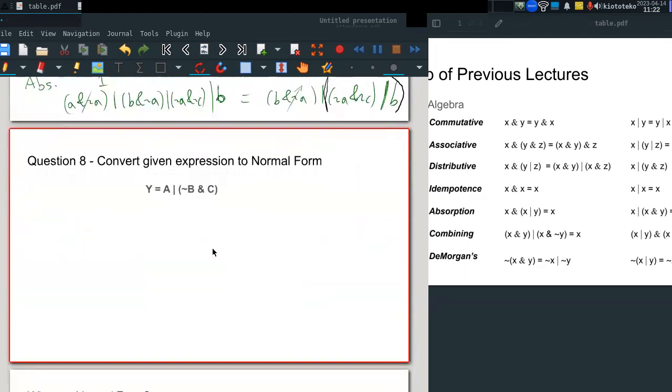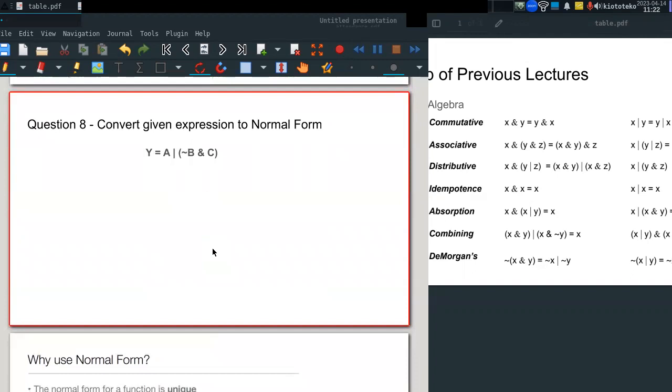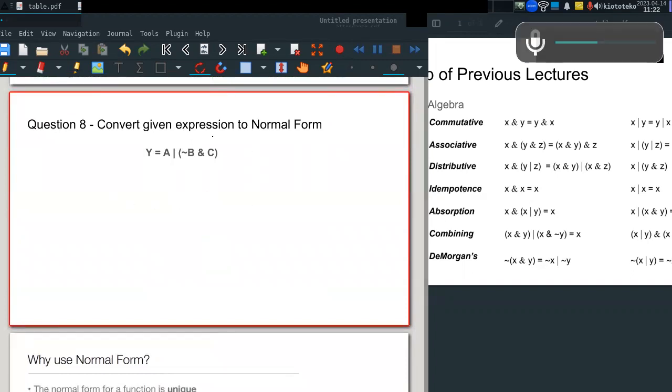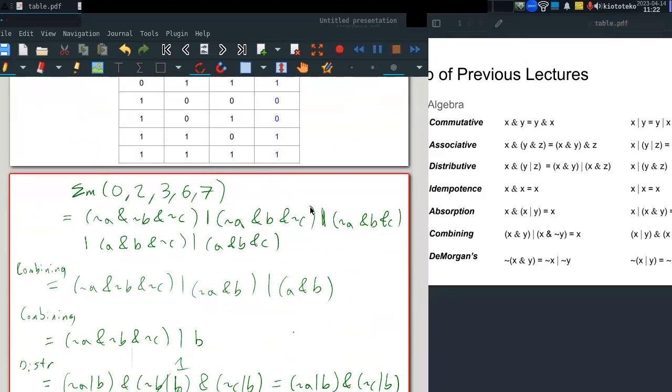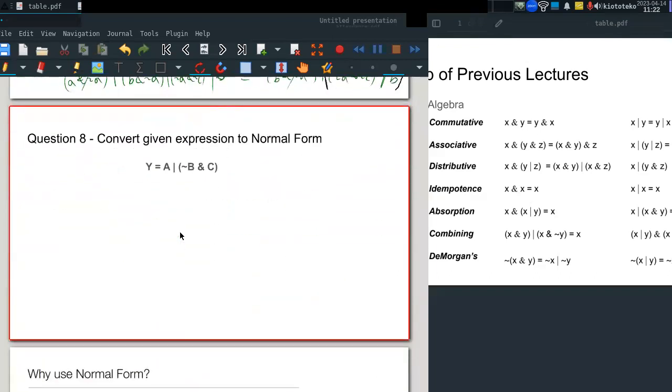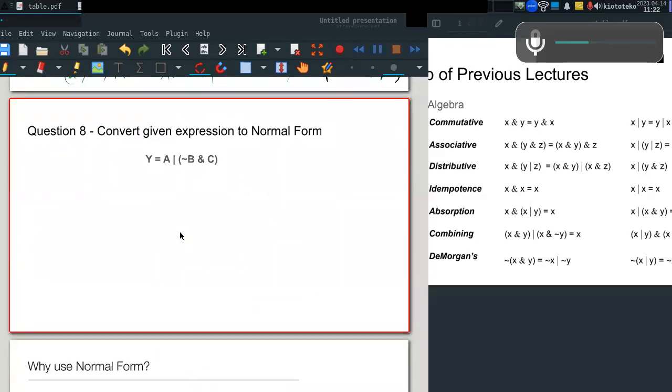Okay. So let's see. Now we want to convert an expression to normal form, which is, again, one where we have something like this, if it's a product of sums, or we have this, if it's a sum of products. Usually when they tell you normal form, it's a sum of products.